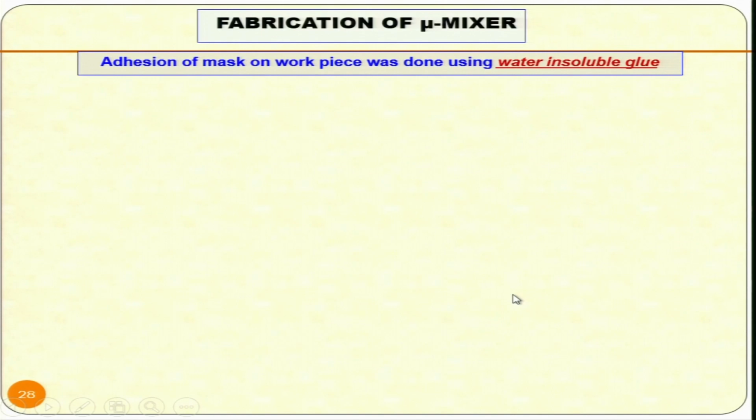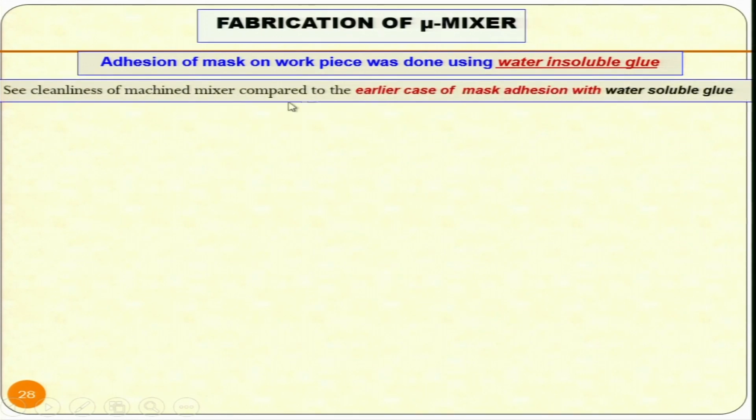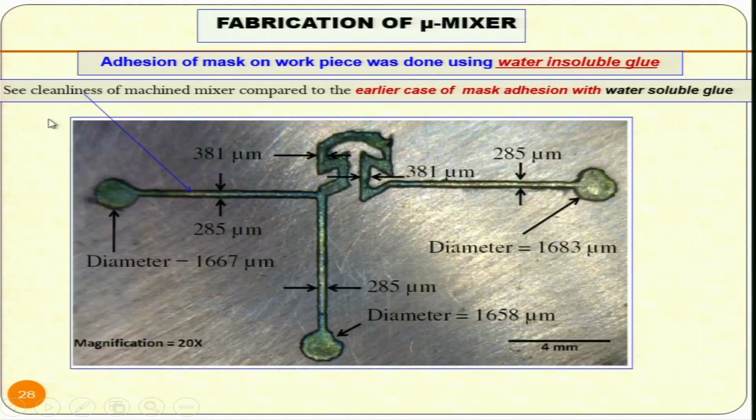Fabrication of micromixer. Addition of mask on workpiece was done using water insoluble glue. This is very important, it should be water insoluble glue, because it is to be immersed inside the electrolyte. See the cleanliness of the machined mixer compared to the earlier case of mask addition with water soluble glue.